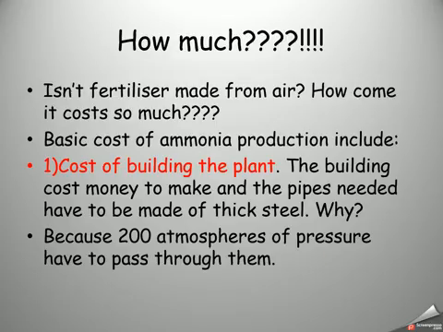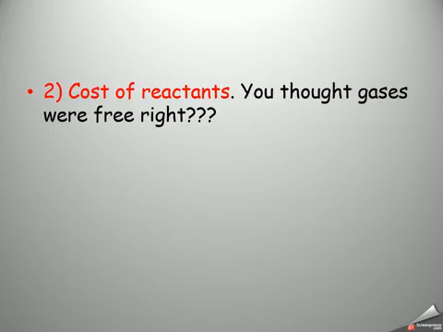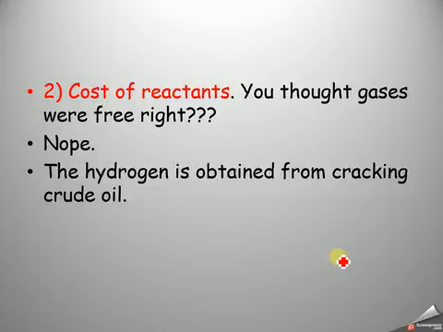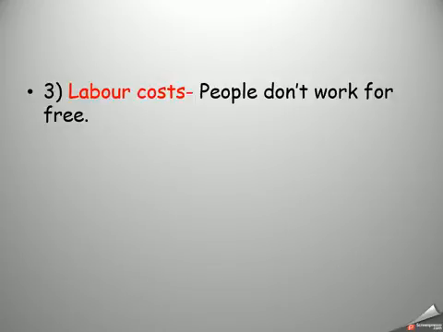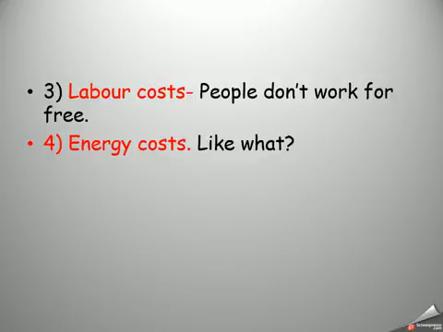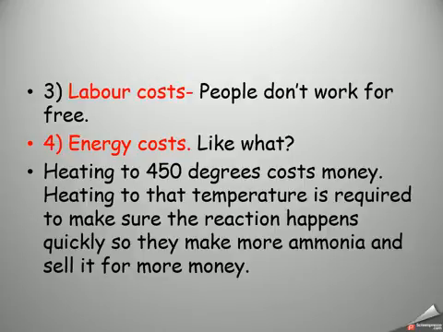We have to pay for building the plant in the first place. We have to pay for the cost of the gases, which is the hydrogen and the nitrogen. The nice people over at the fractional distillation place aren't going to give you that hydrogen for free, you know. And the nitrogen still has to be purified. You need to pay for people to work there. You need to pay for the 450 degrees that it costs to put it in there in the first place.